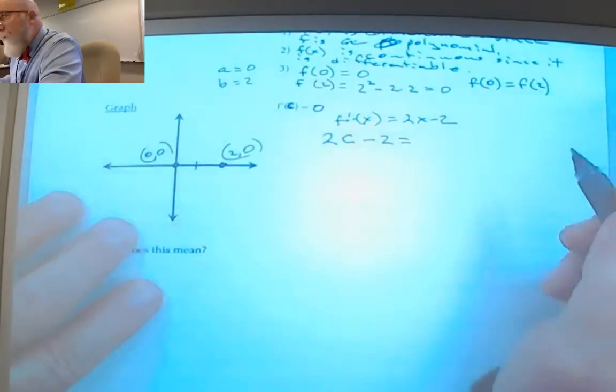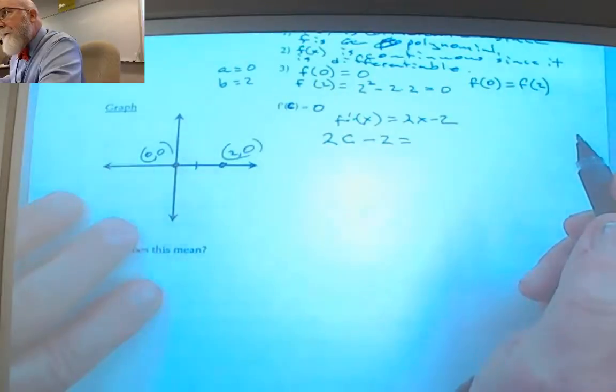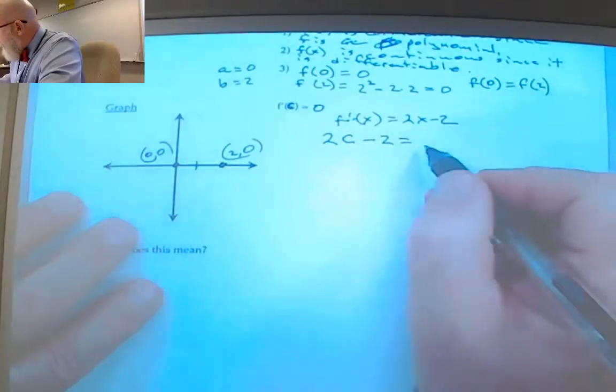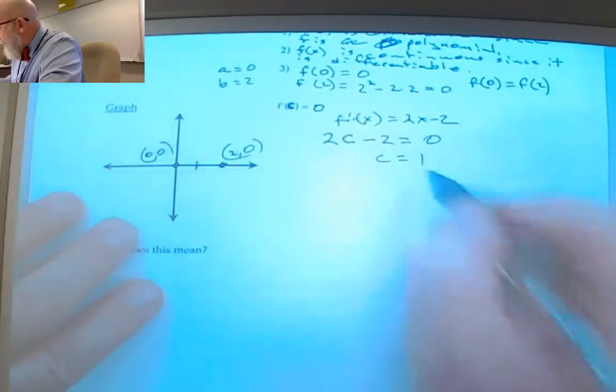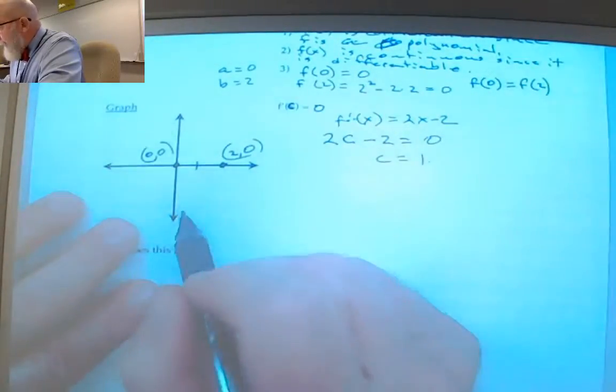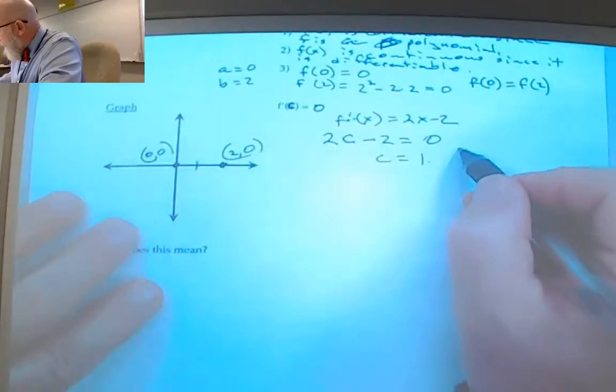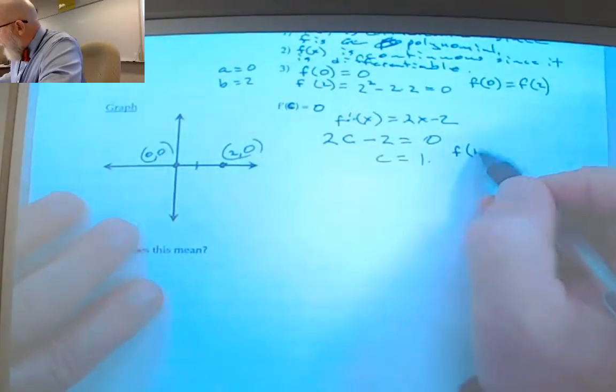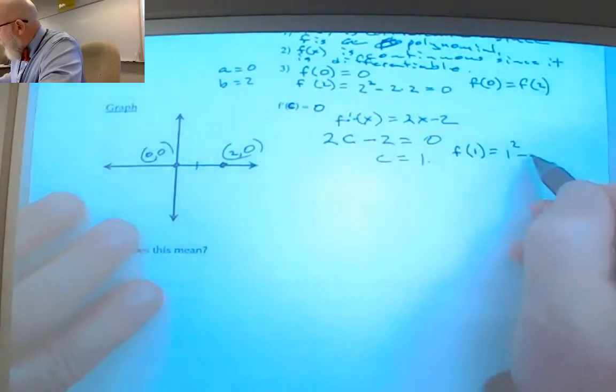And I'm going to let that equal to what, Maureen? 0. So that means c equals 1. Is 1 between 0 and 2? Yeah, for sure. So if I plug in 1 into f, I'm going to get 1 squared minus 2 times 1.